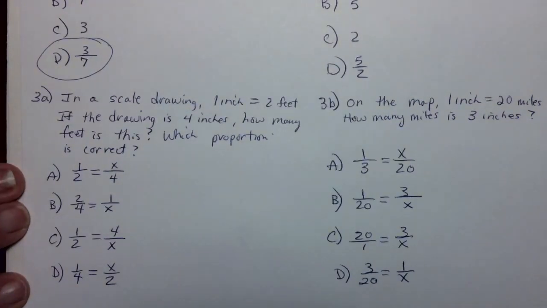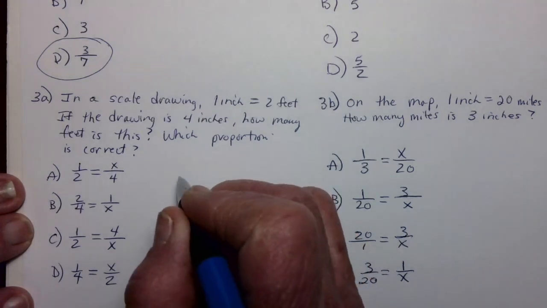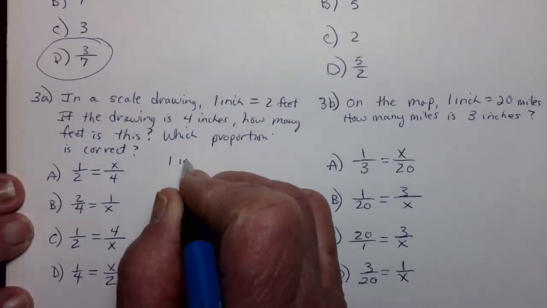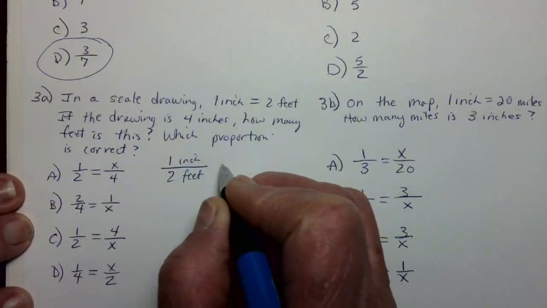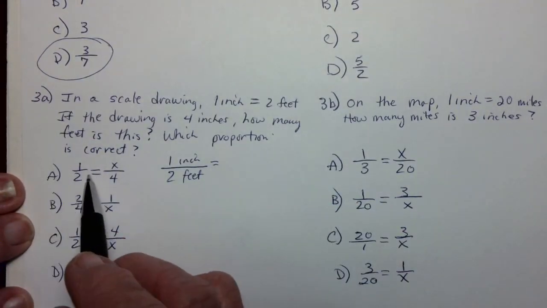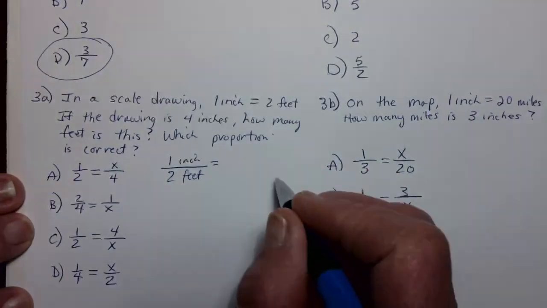In a scale drawing, like on a map, 1 inch is equal to 2 feet. If the drawing is 4 inches, how many feet is this? So we're going to take 1 inch is 2 feet, and we want to know how many 4 inches is.